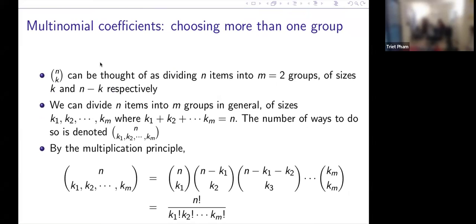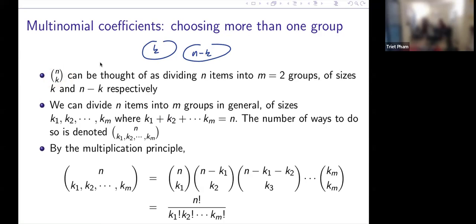The first meaning of the multinomial coefficient is choosing more than one group out of a big group. What does that mean? The binomial coefficient n choose k can be thought of as dividing your group into 2 groups, a group of k and a group of n minus k, where order does not matter, and you just count the number of ways to divide your group into k and n minus k items.